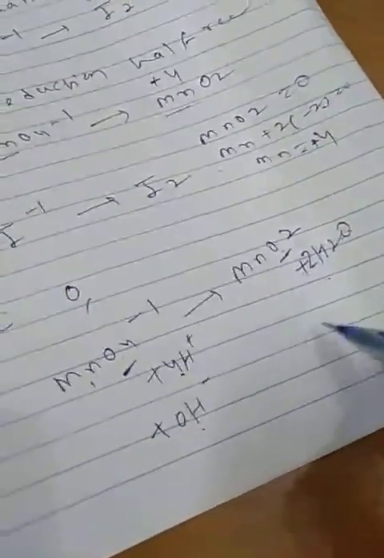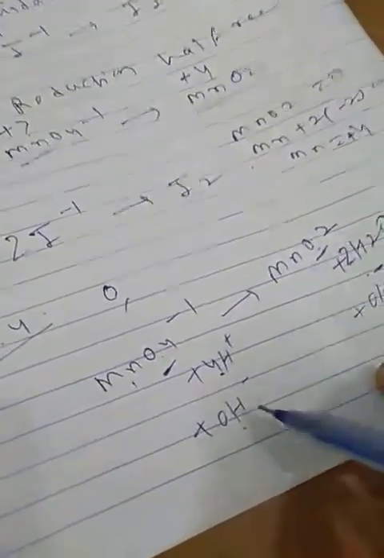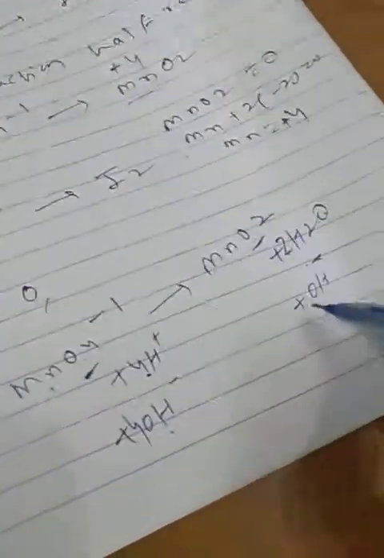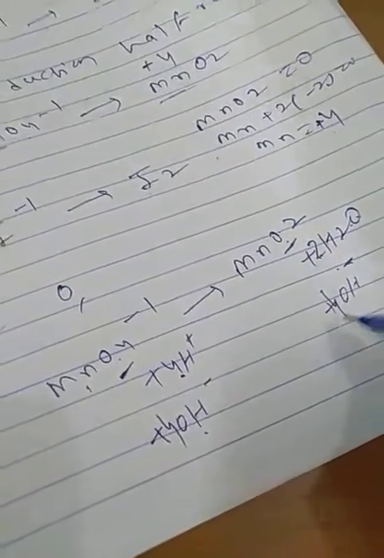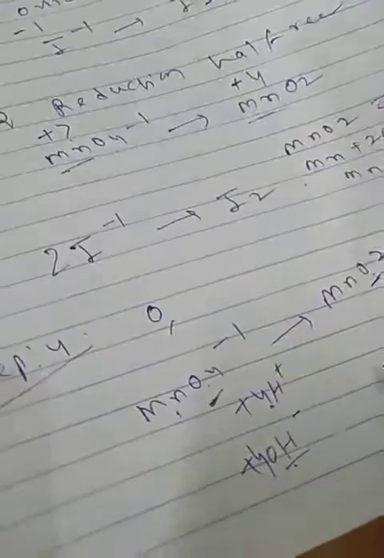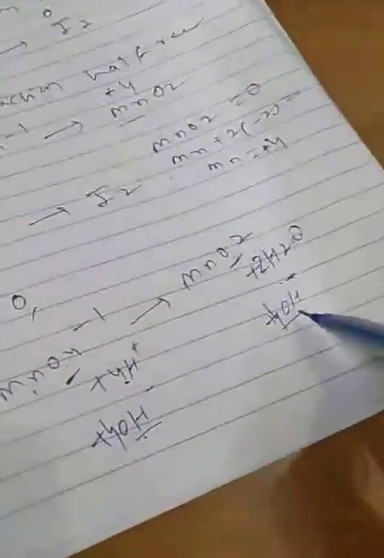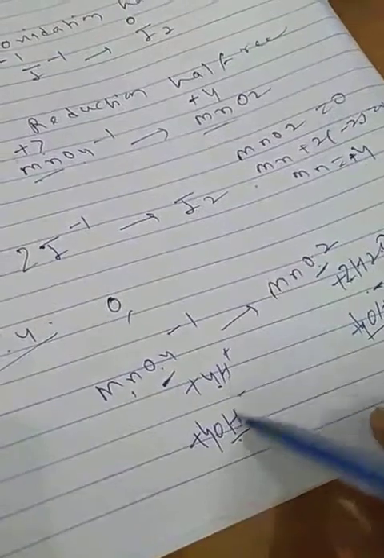In this way we add 4 OH ions here also, and 4 OH ions on the other side. In this way we are going to balance. Replacing the H ions and OH ions with water, we get the resultant equation; we count everything and write the half reaction.